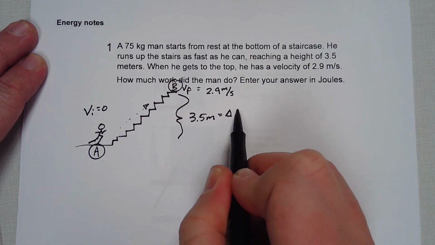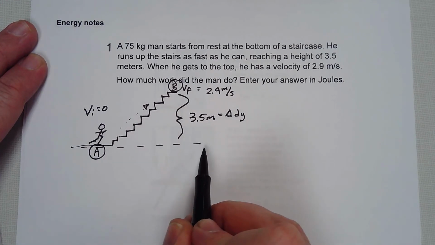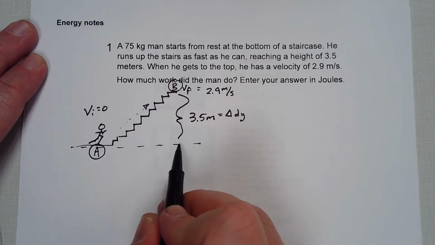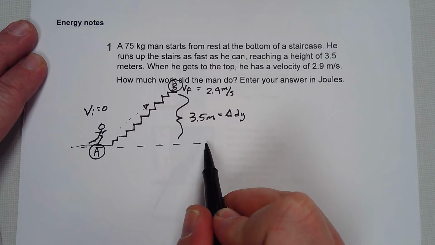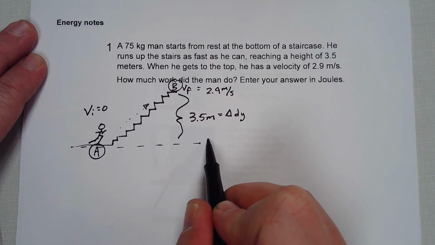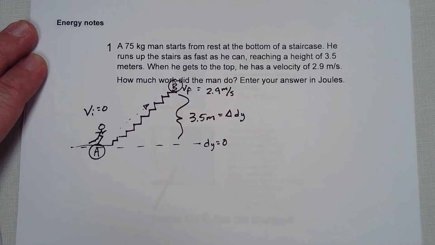There's a change in dy. Now, where this actually is in terms of altitude from Earth, I don't really care that much. It's the difference in height that means he had to have done work. Basically, I'm calling the lowest spot an object is in a problem dy equals 0. We can reset wherever the ground is locally to the lowest height possible.